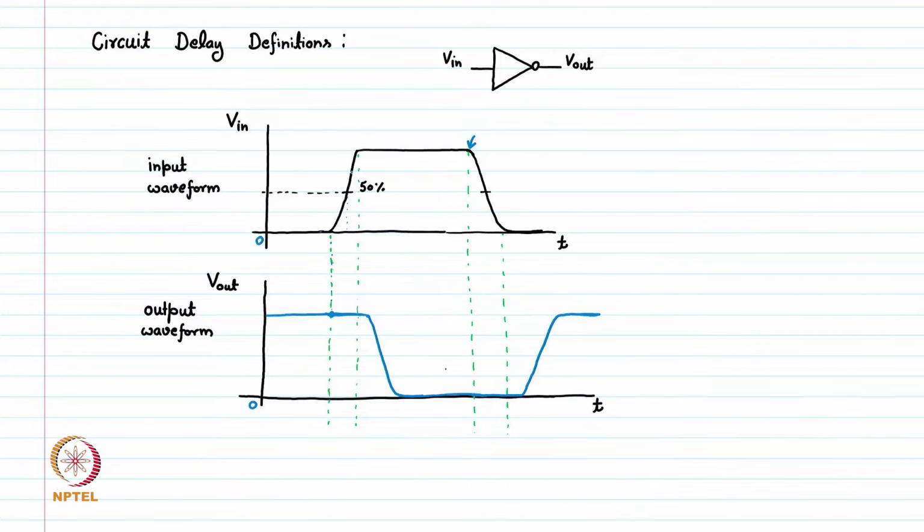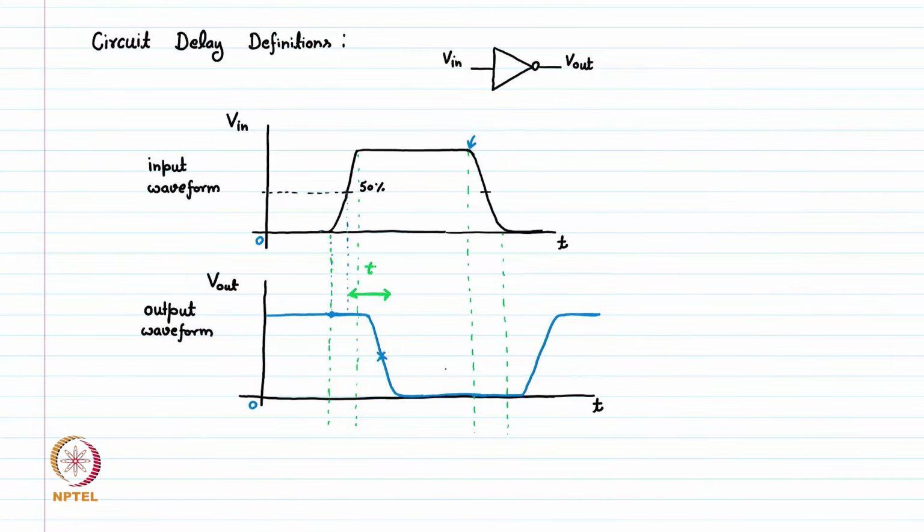When the input is changing from low to high and it reaches 50% of its value, from this time to 50% of the output change, when the output is changing from high to low, at the midpoint of this output going low, the difference between these timings from 50% of input to 50% of the output, when the input is rising or the output is falling, that is called TPHL.